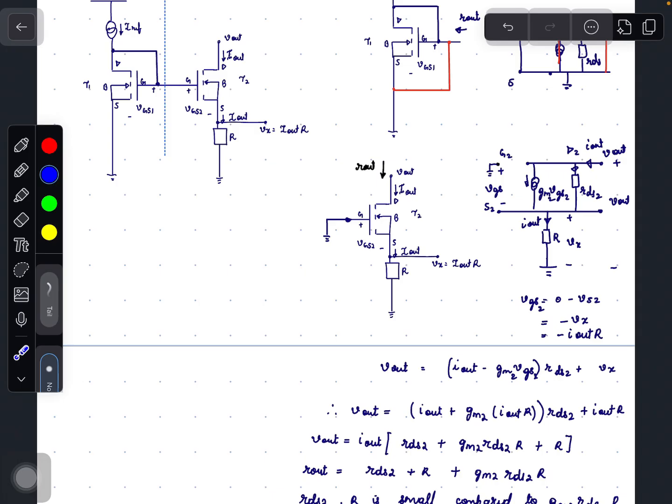With high R_out, the effect of channel length modulation is reduced.